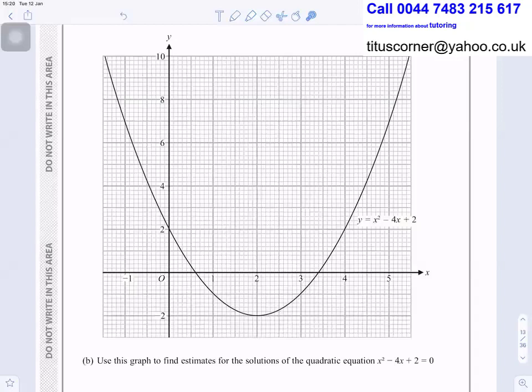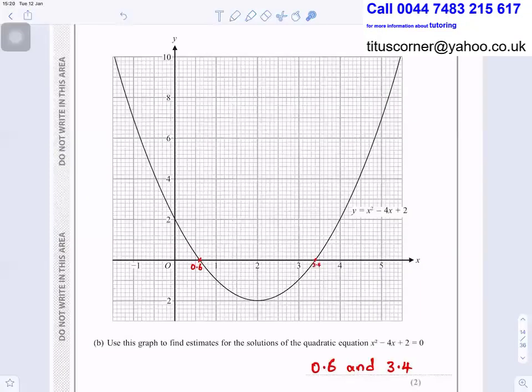Part B, use this graph to find the estimate for the solutions of the quadratic equation. So you've got the graph at the top there. You want to find the estimate for the solution of the quadratic equation, x squared minus 4x plus 2 equals 0. It is called an estimate because you wouldn't get an exact answer, because the graph is not perfect.